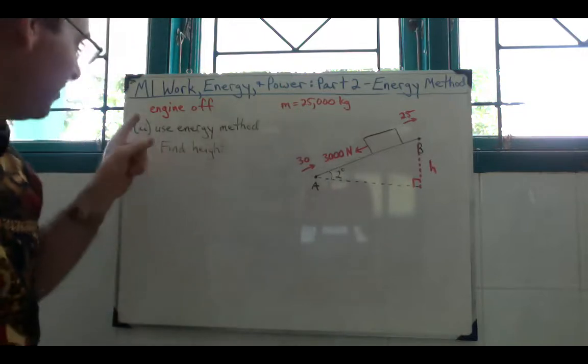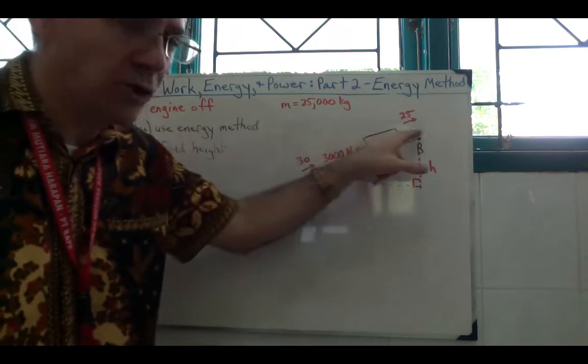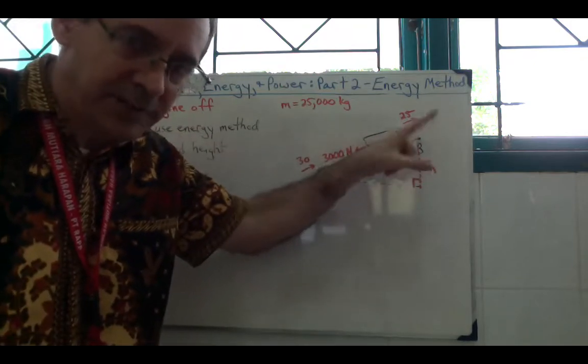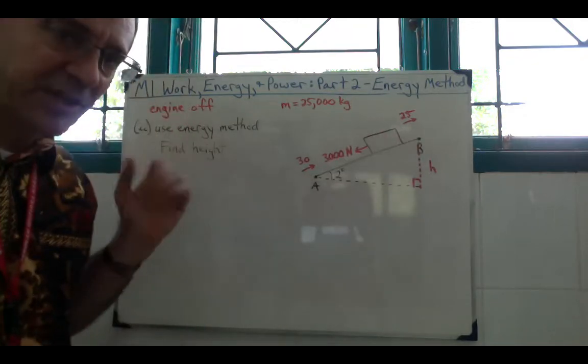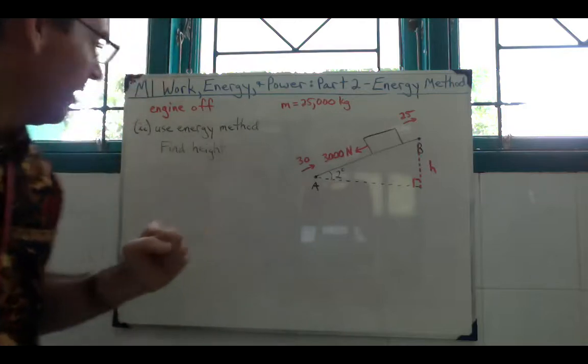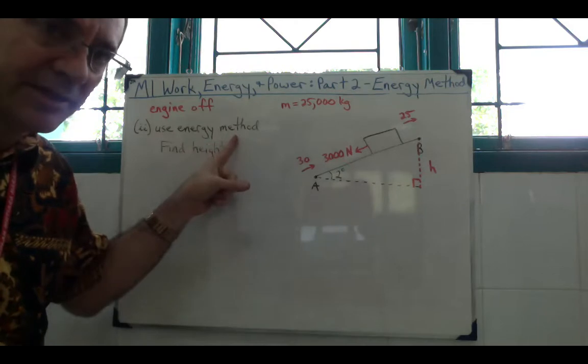What's different is the engine was turned off, meaning there is now no driving force. So we've lost the driving force because the engine is off, so nothing is pulling it. And we're going to use an energy method.